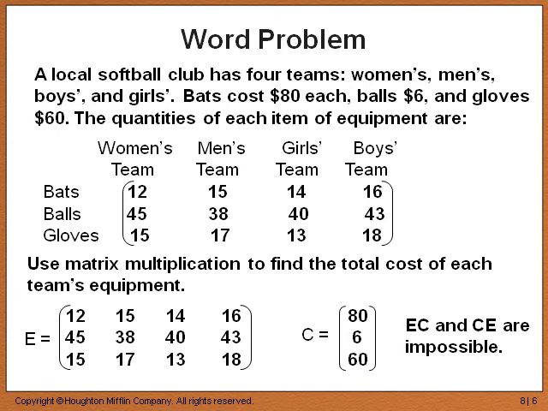Well, CE treats C as the left-hand matrix and E as the right-hand matrix, and the number of columns of C, 1, does not equal the number of rows of E, 3. So CE is also impossible. Therefore, we know that we need to adjust C.